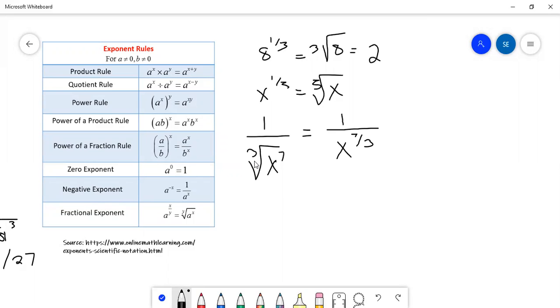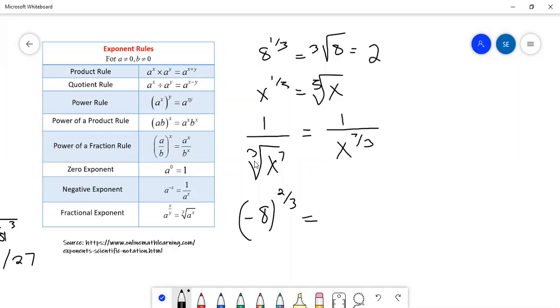Let's take a look at evaluating -8 to the 2/3. Me personally, I usually try to do the radical portion first and then do the exponent.